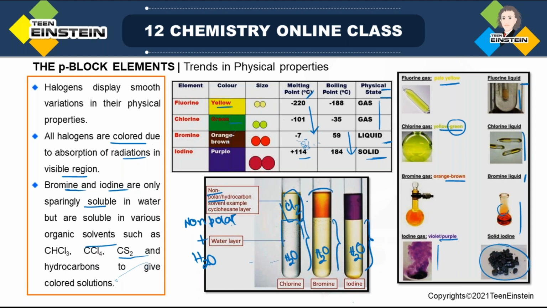All the bromine is now in the organic part and all the iodine in the organic part. So it proves that solubility in organic solvent is high compared to water. And we know that non-polar and polar solvents do not mix with each other. That is why you are able to see two different layers. And in the organic layer, it is solid, which is clear from the picture.